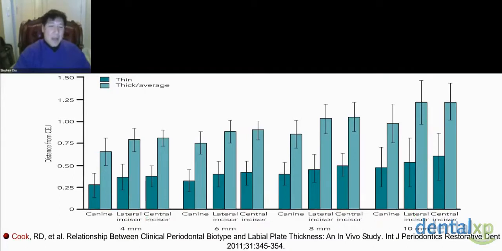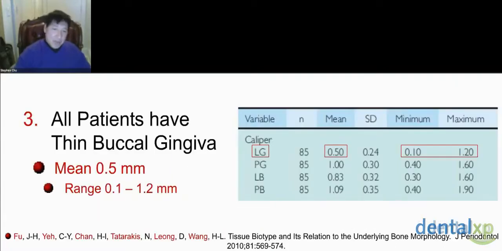This was an article looking at CBCT x-rays, so it's very interesting. The good news in the dental literature is that a lot of top-level people are finding the same conclusions, which is very good for validation.